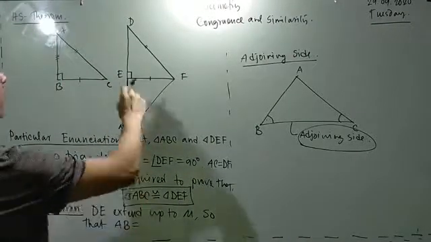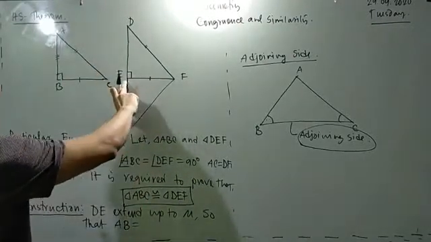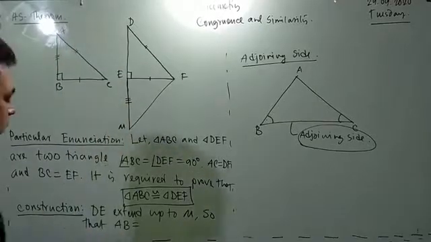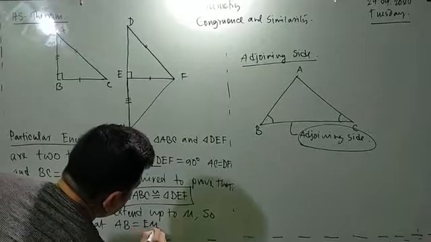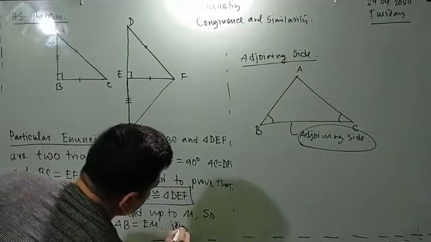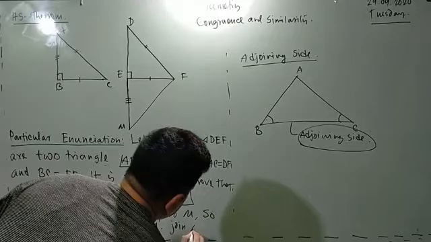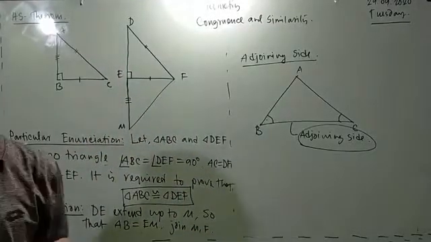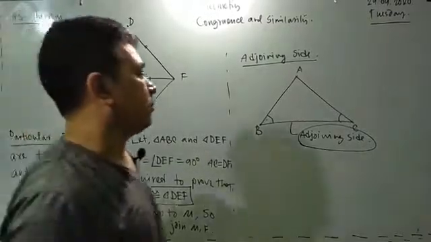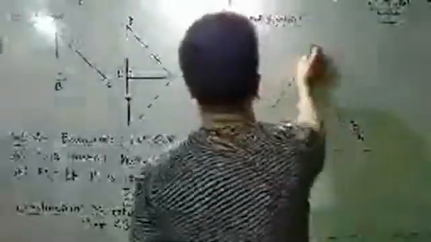We extend DE up to M, the same length as AB. So we can say AB equals EM, or ME. Join MF. That's it. So I am going to start the proof.